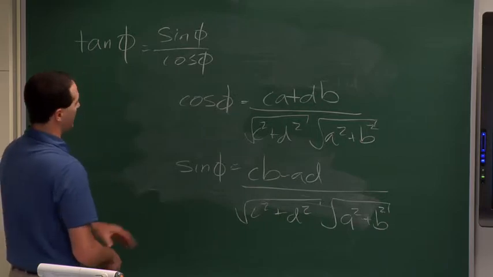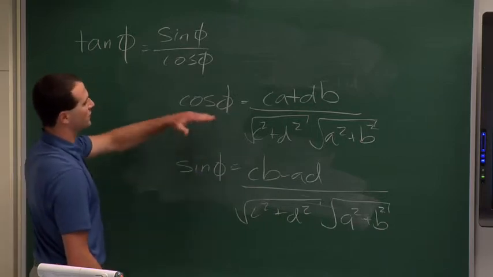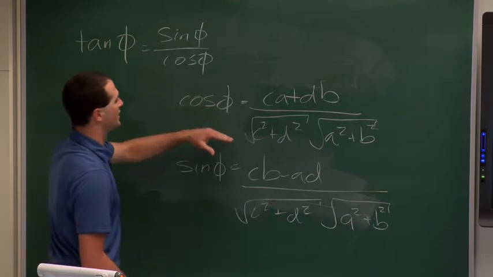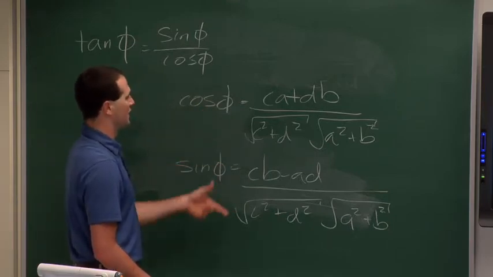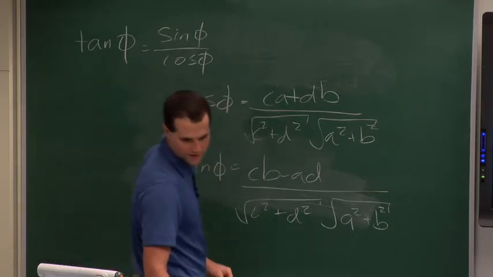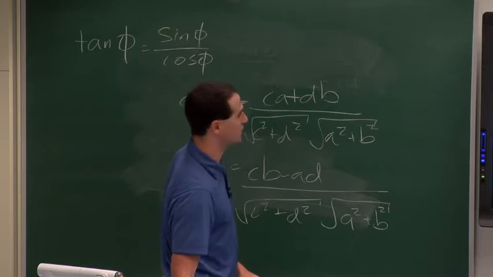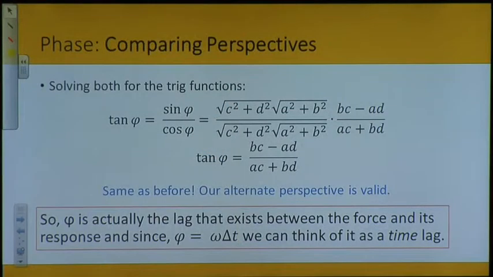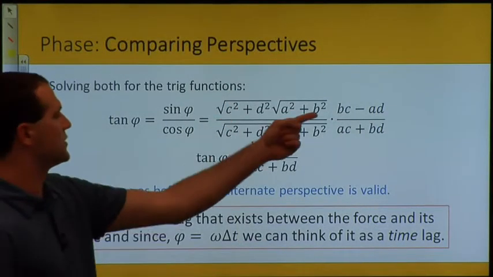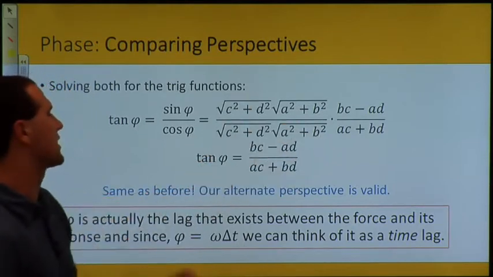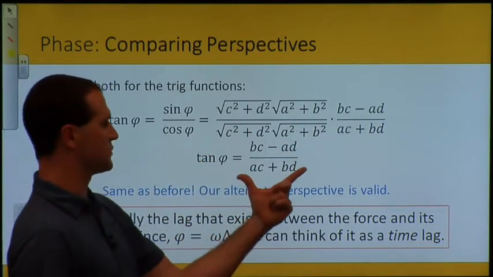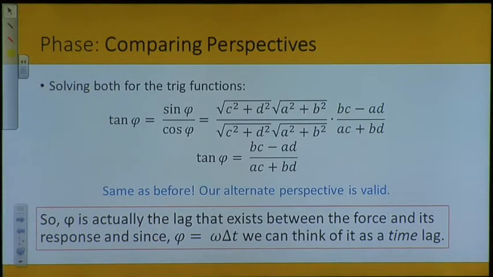Okay, so if I took the ratio of sine over cosine, we'll see that these are going to cancel out, and I'm left with the same result. So going back to our slide, here I have the two magnitudes over each other. Those will cancel out. And what I'm left with is this BC minus AD over AC plus BD.